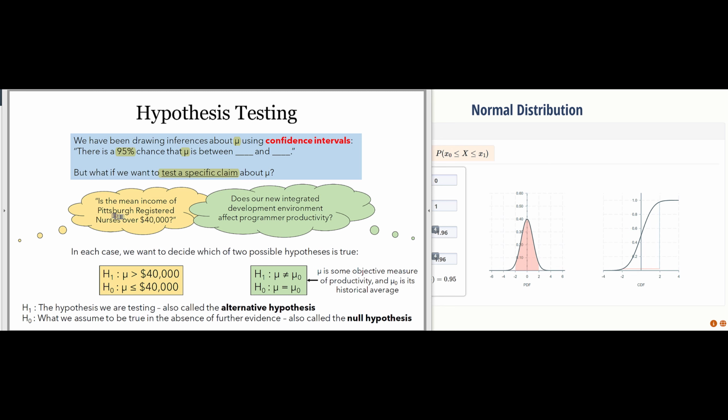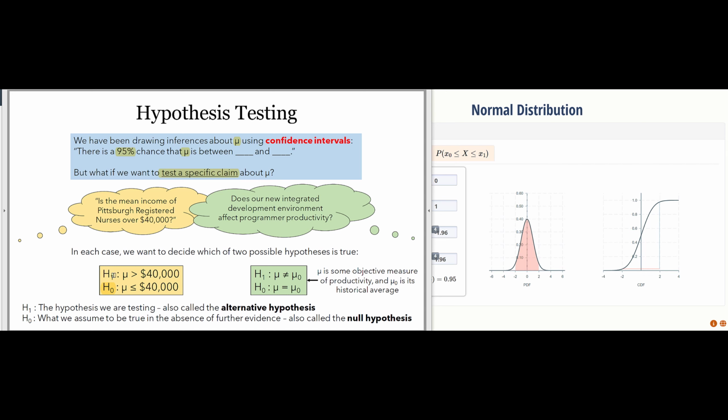Is the mean income of Pittsburgh registered nurses over $40,000? Okay, well, to test that, we're going to create what's called the null hypothesis. You can think of this as the default hypothesis, or, I'm almost reluctant to say this, but this is the hypothesis that you want not to be true. Okay, so the null hypothesis is the thing that you fear might be true, that you're trying to disprove.